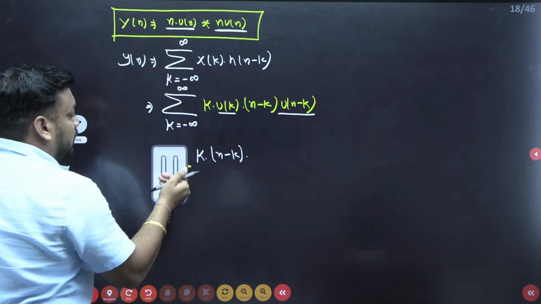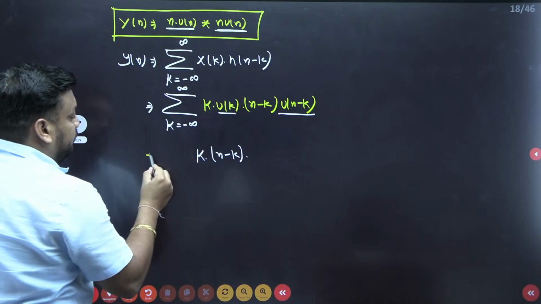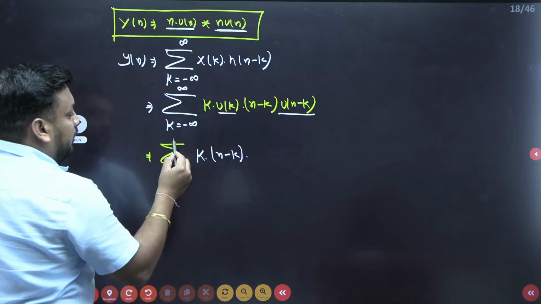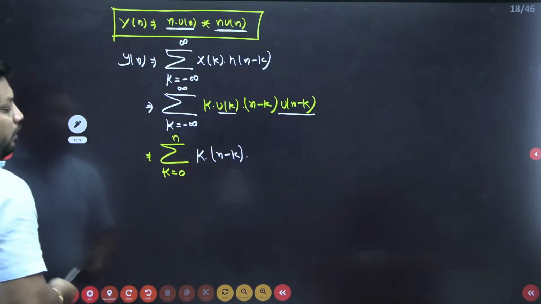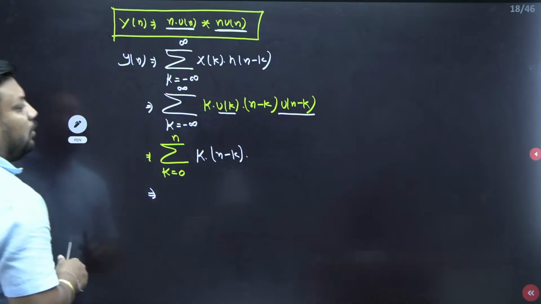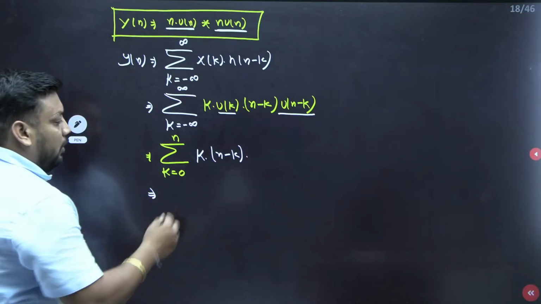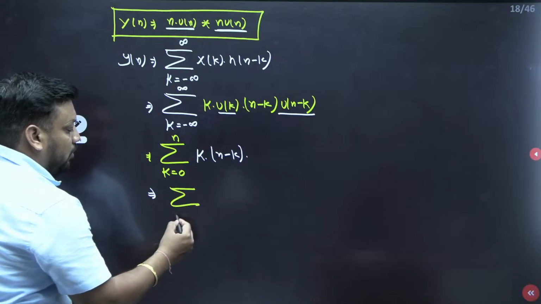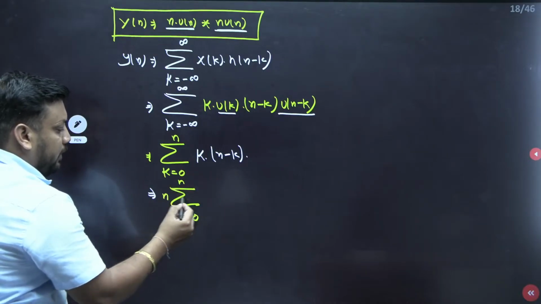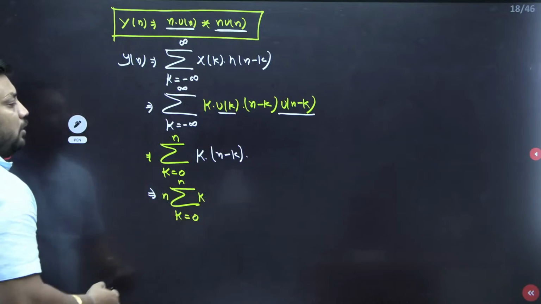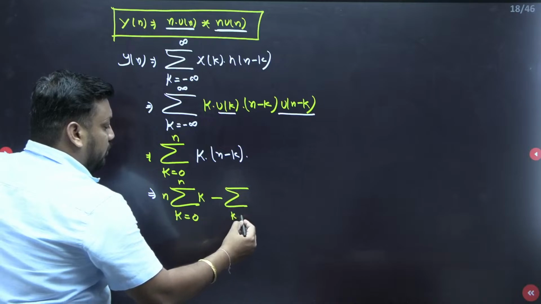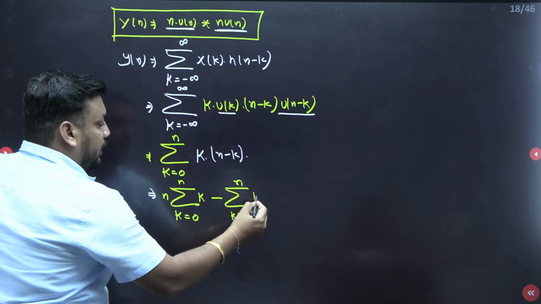Now the first function will be sigma of k equal to 0 to n of n k. So n I am taking outside, here is k only. So minus, you can write sigma of k equal to 0 to n and here we are having k.